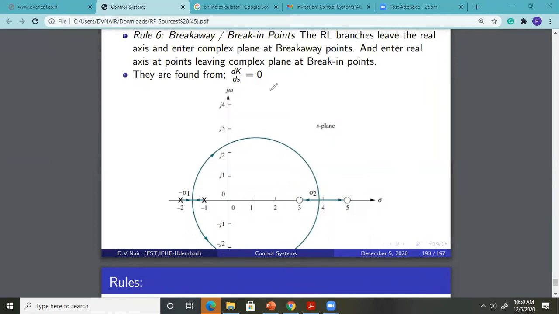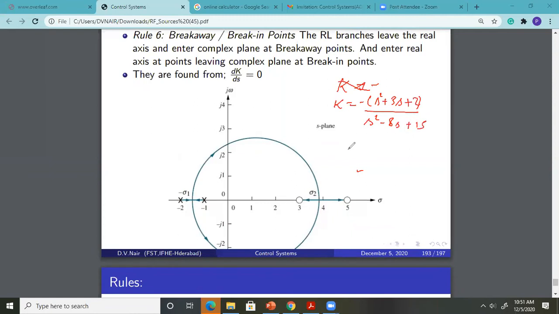When we substitute, we get k equal to minus of (s square plus 3s plus 2) divided by (s square minus 8s plus 15).